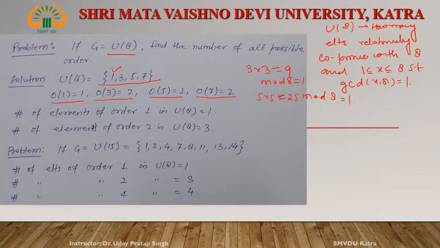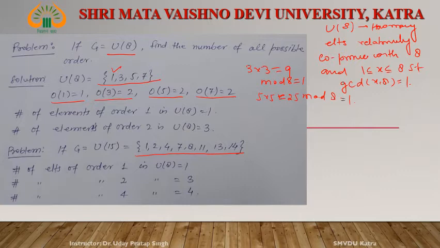Similarly, U15. What is U15? 1, 2, 4, 7, 8, 11, 13 and 14. That is, the elements greater than or equal to 1 but less than or equal to 15 which have GCD with 15 equal to 1, right? These are a total of 8 elements. Now see, the order of 1 is 1.